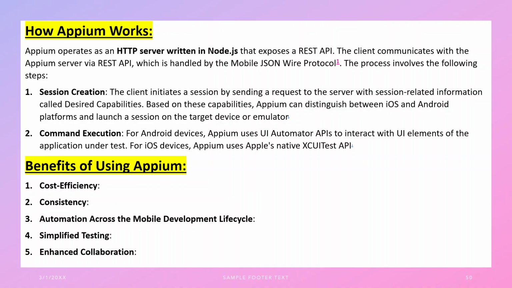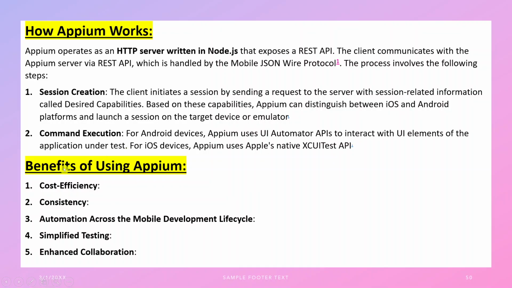So Appium uses the UI Automator API to interact with the UI elements of the application under test, and in the case of iOS, it uses Apple's native XCUITest API. So these are the APIs used, one for Android and one for iOS.